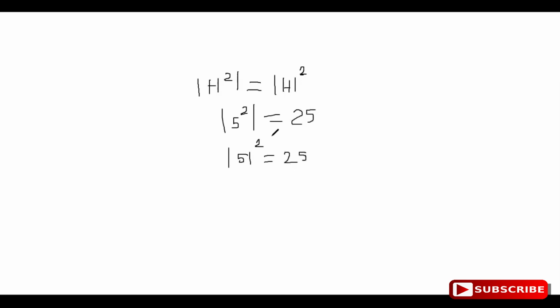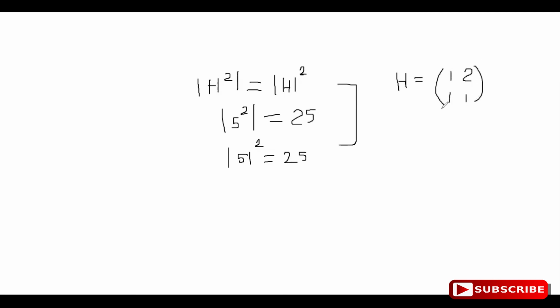If you don't feel comfortable with this proof for the answer, what you can do is make up a 2 by 2 matrix H. You can make it up as 1, 2, 1, 1.